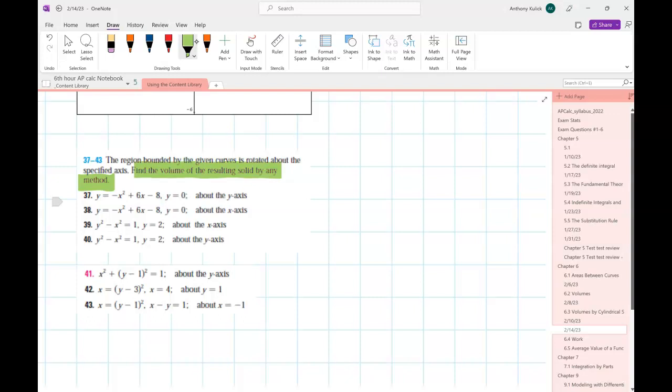Again, if you have questions, please ask, even if it's just, hey, for this one, can I do a disc or a washer? Even asking before you get too deep into it, if you're not sure which method, feel free to ask.